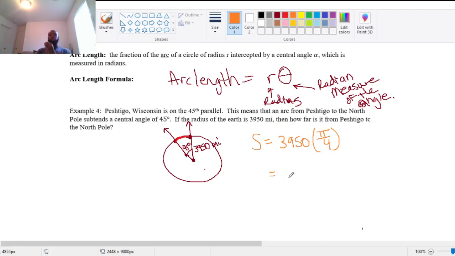Again, I said that we don't use the word radians. Radians are kind of a unitless measure. And so this is going to be 3,950 times pi over 4. And my units here are going to be miles, because that's 3,950 miles times pi over 4 unitless objects. And so we multiply that, we're going to end up with miles as our units.